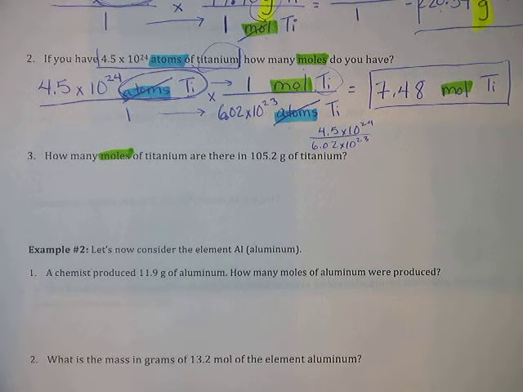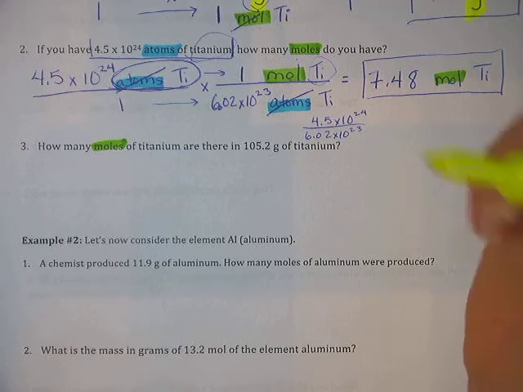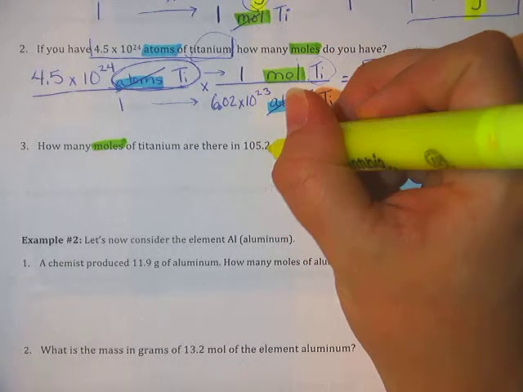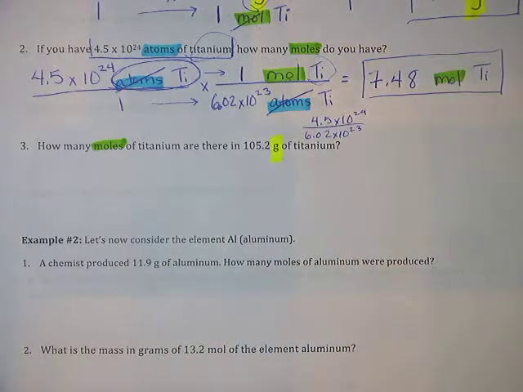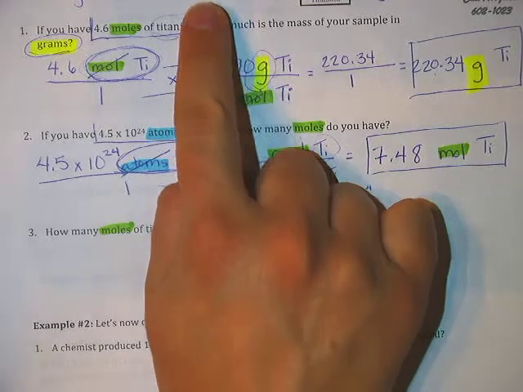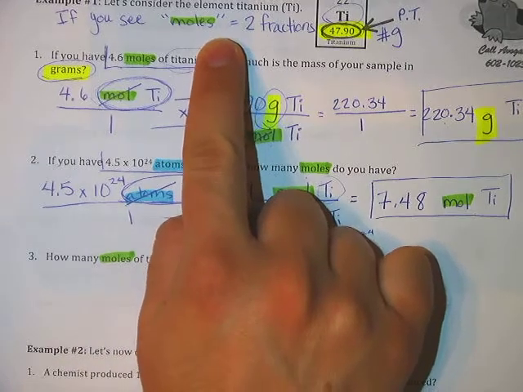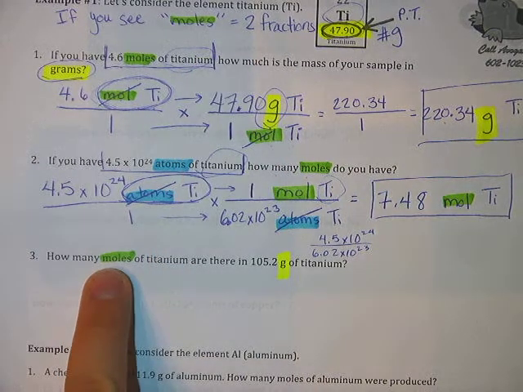And grams needs a color. What color is grams? It's yellow, golden grams. Okay? Remember that if you see moles, you're going to need 2 fractions, and in this problem I do see the word moles.